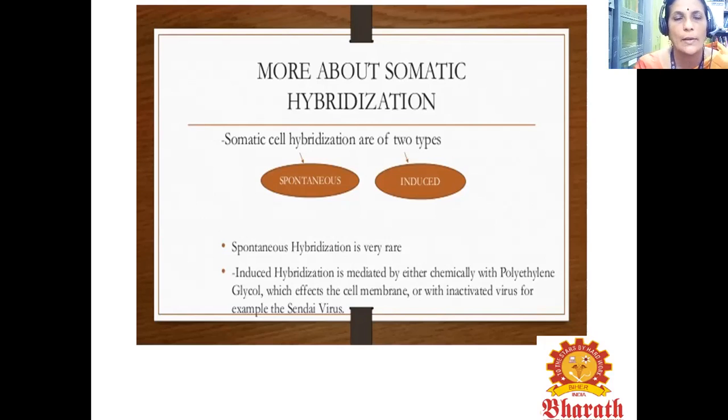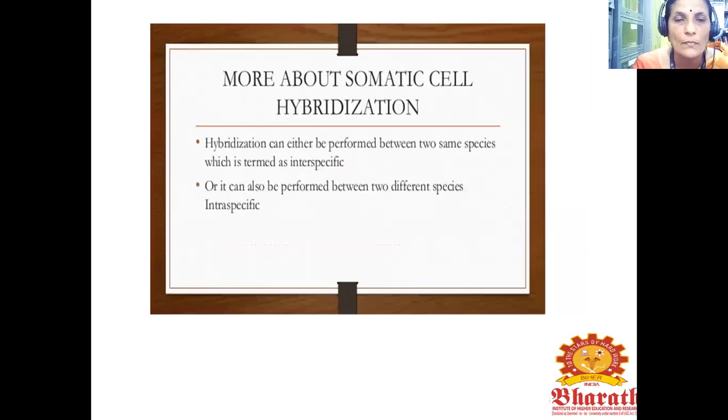So somatic cell hybridization is of two types: spontaneous and induced hybridization.